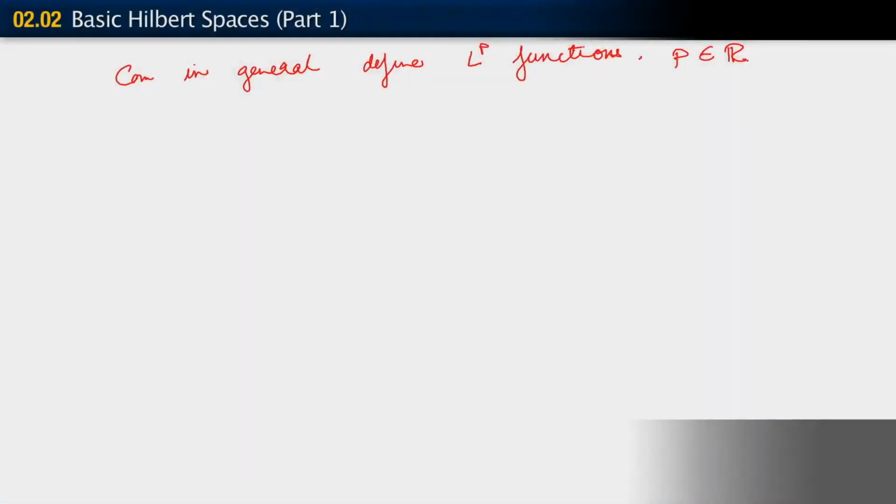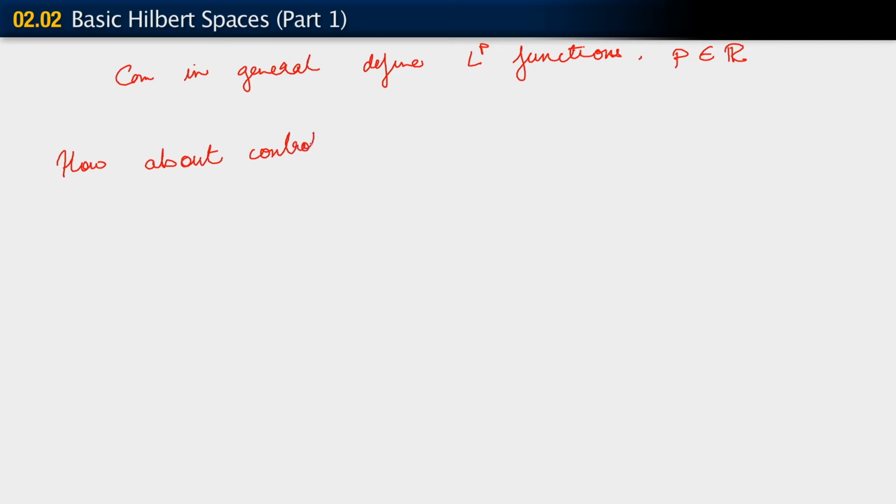Okay? So let me just pose this question in a very colloquial manner. So how about control over the derivatives of v? Okay, and this is this whole notion of regularity.